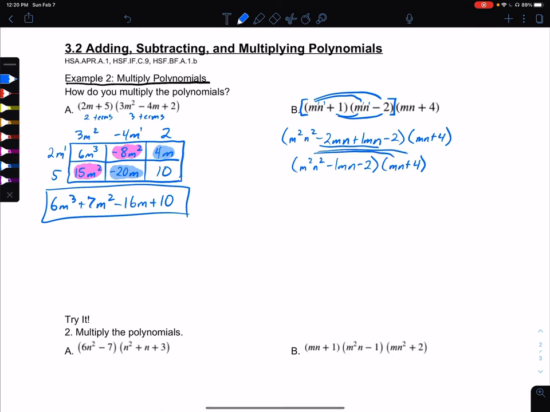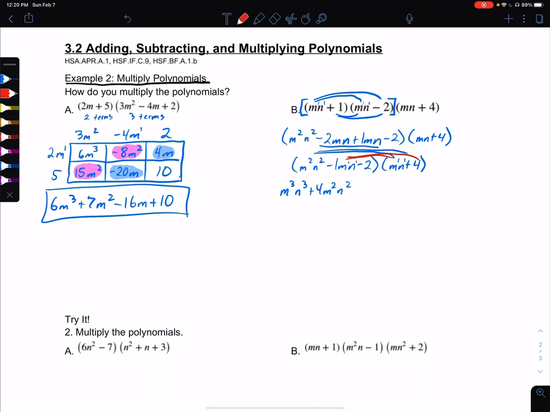So this is going to get distributed. m squared n squared times mn is going to be m cubed n cubed. So we're adding up our exponents. And then 4m squared n squared. Next, I'm going to distribute this minus 1mn.